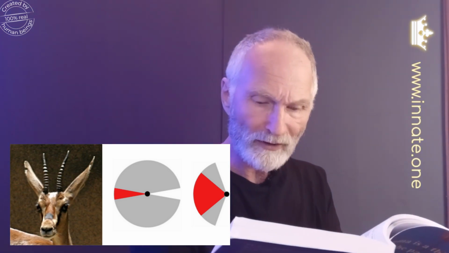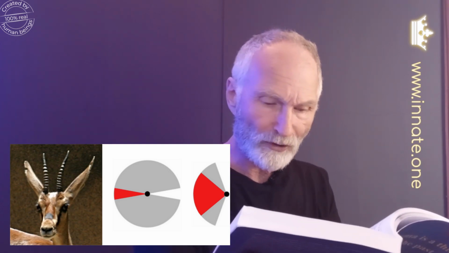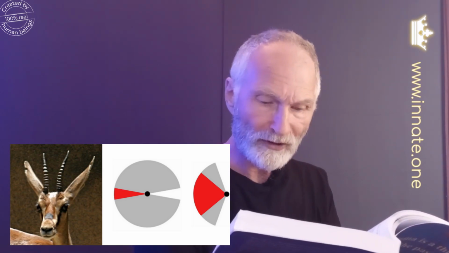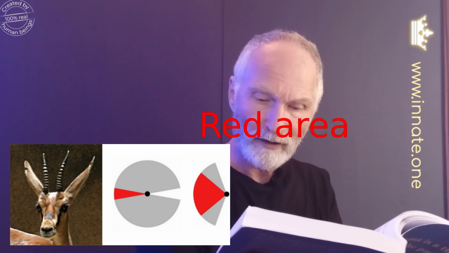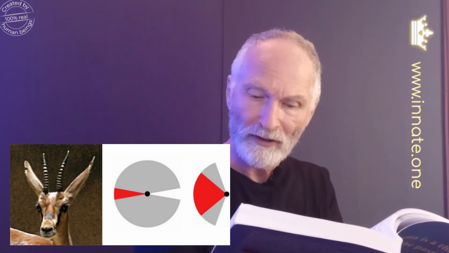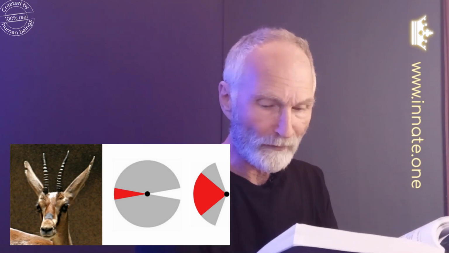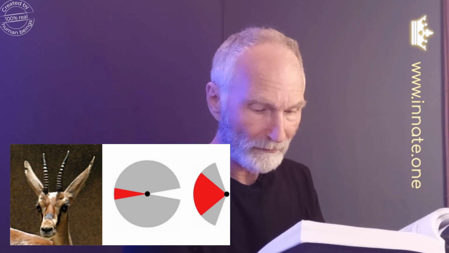The view angles of prey and predator are shown in picture 23 right. The light gray areas mark the viewing angle of each eye, and the darker gray is the area where the viewing angles of both eyes overlap. White is the blind angle.